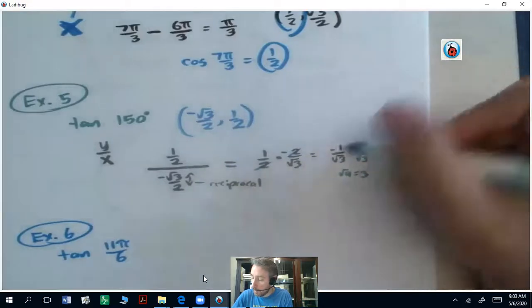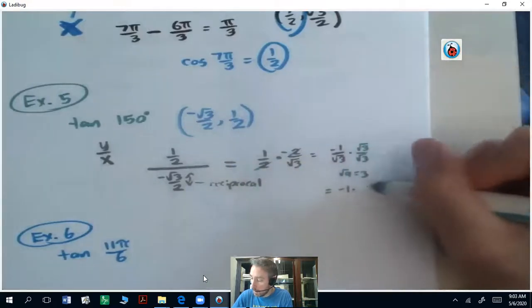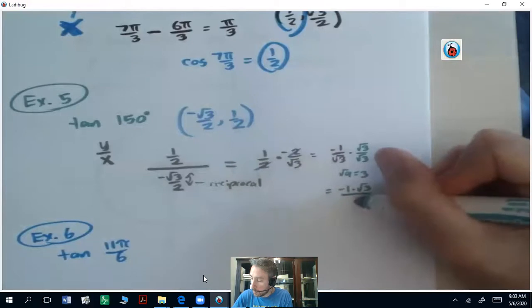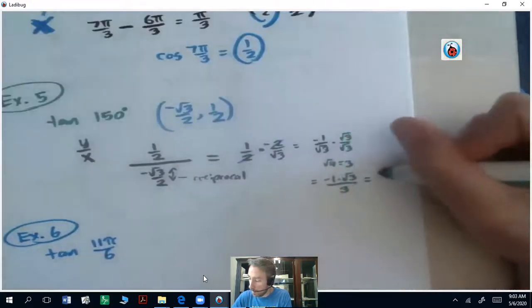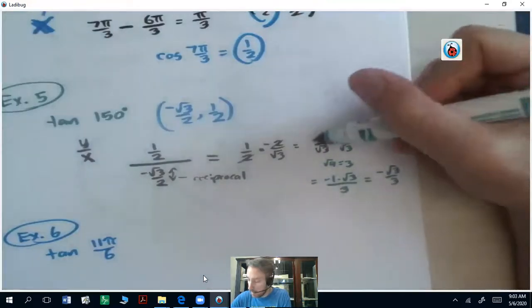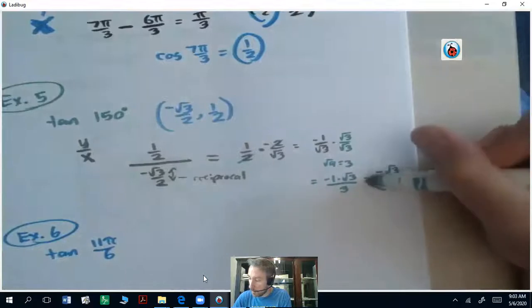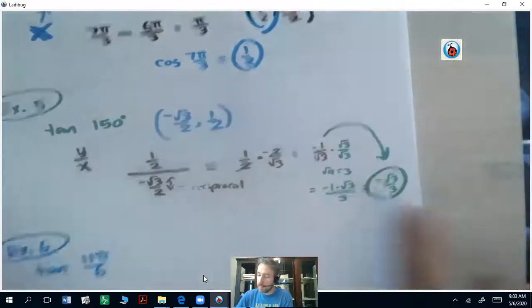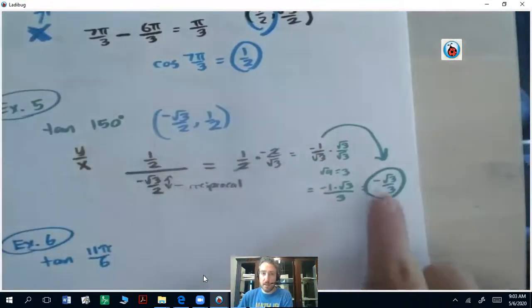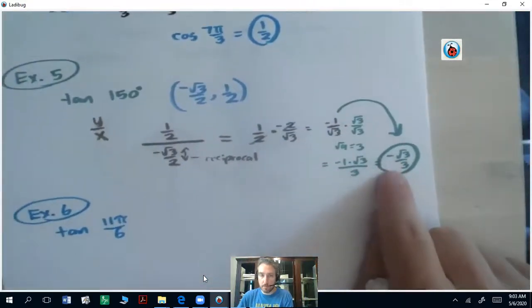So the numerator becomes negative 1 times the square root of 3 over 3, and we don't need that 1. So it's really just negative square root of 3 over 3. That's actually the same thing as negative 1 over square root of 3. It's just more preferred to write it like this. So the tan of 150 is negative square root of 3 over 3.